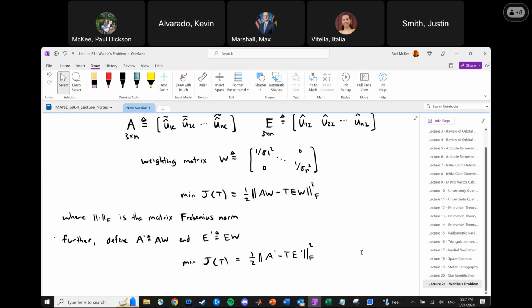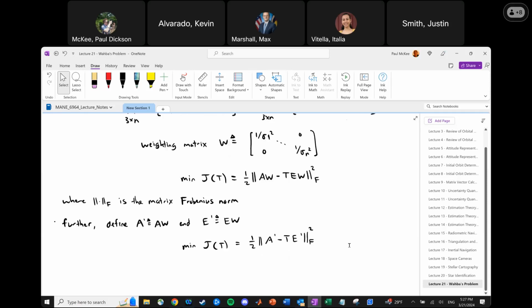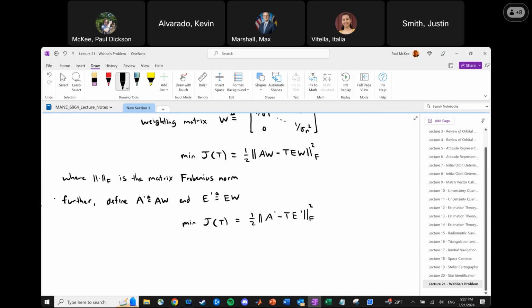They are mutually perpendicular. T transpose T equals the identity matrix, right? So the inverse is its transpose, and that would mean that the matrix multiplied by its transpose is the identity matrix. There are all of these properties of the attitude transformation matrix that are written nowhere in this equation right now. So we're going to add something to our optimization so we can enforce them.